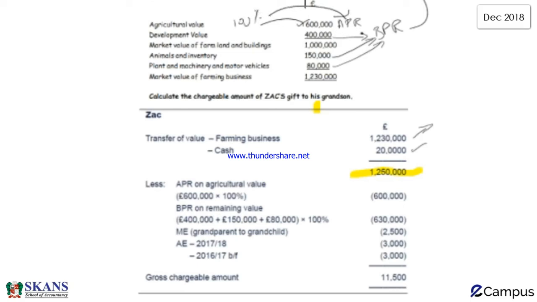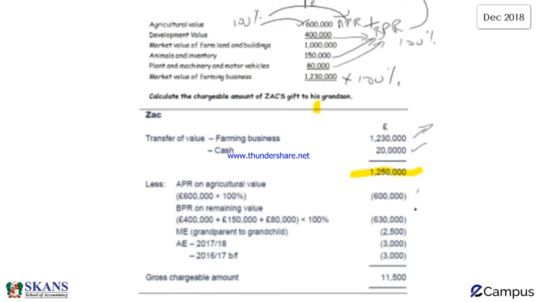This 400,000 will qualify for 100% BPR. This 150 will also qualify, and 80 will also qualify. In fact, this 1.23 million qualifies for 100% BPR and APR.